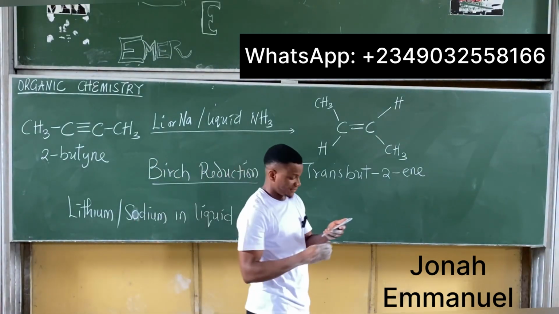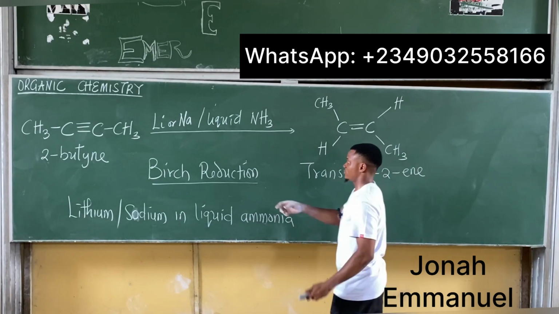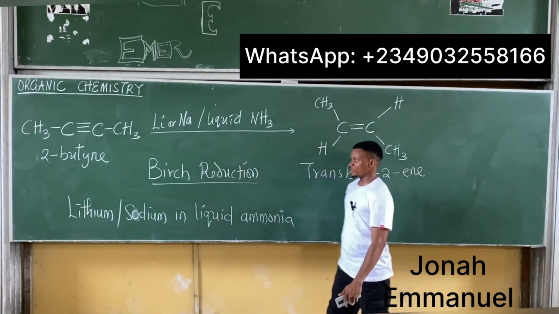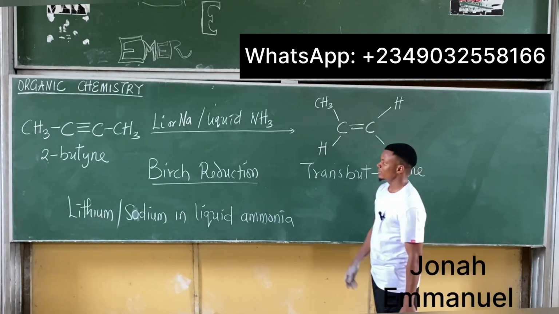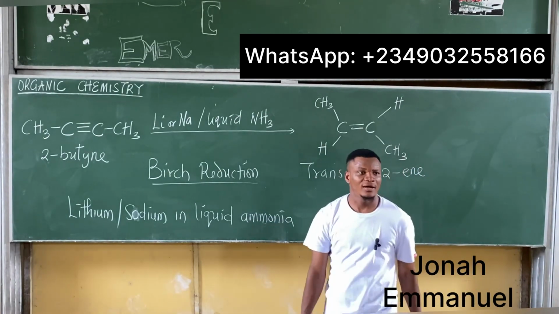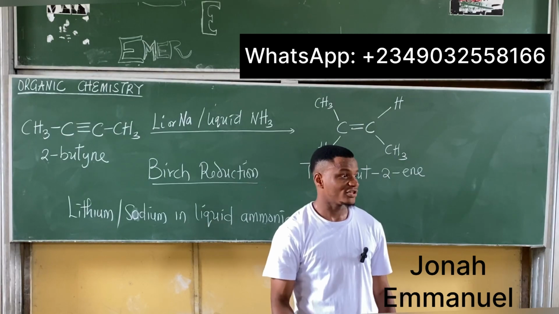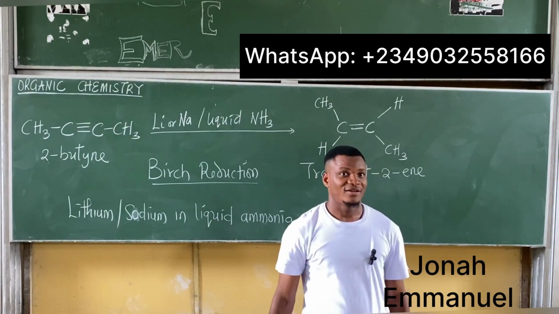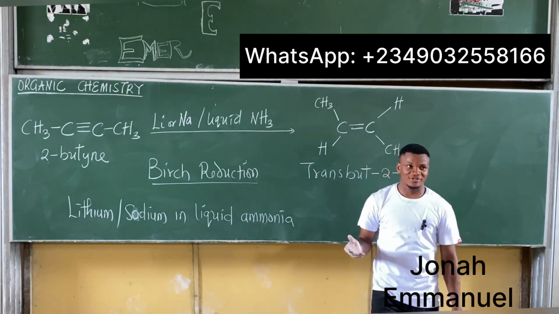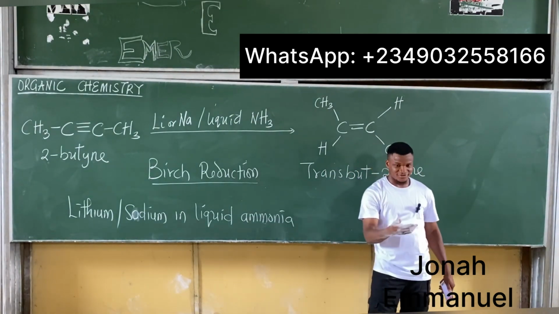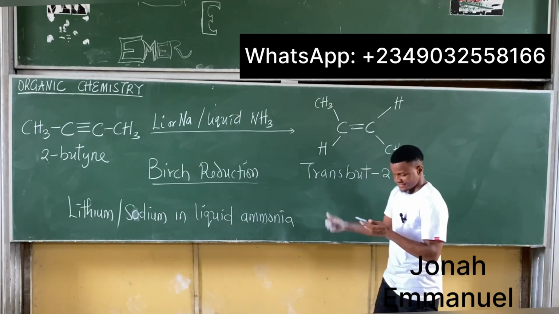That's the condition, please. So this must be passed through lithium or sodium in liquid ammonia, called Birch. How do you pronounce this? Birch. Okay, Birch reduction. All right, so that's the answer.